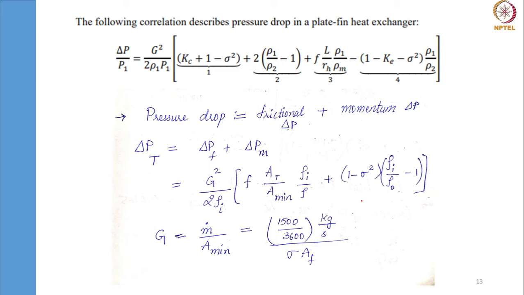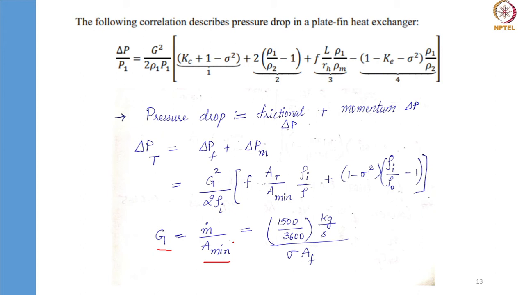Okay, I'll show you how we calculate G. G is nothing but m dot by area minimum. m dot is given as 1500 kg per hour, so I convert it into seconds by dividing by 3600. Area minimum is the fin parameter sigma multiplied with the frontal area.